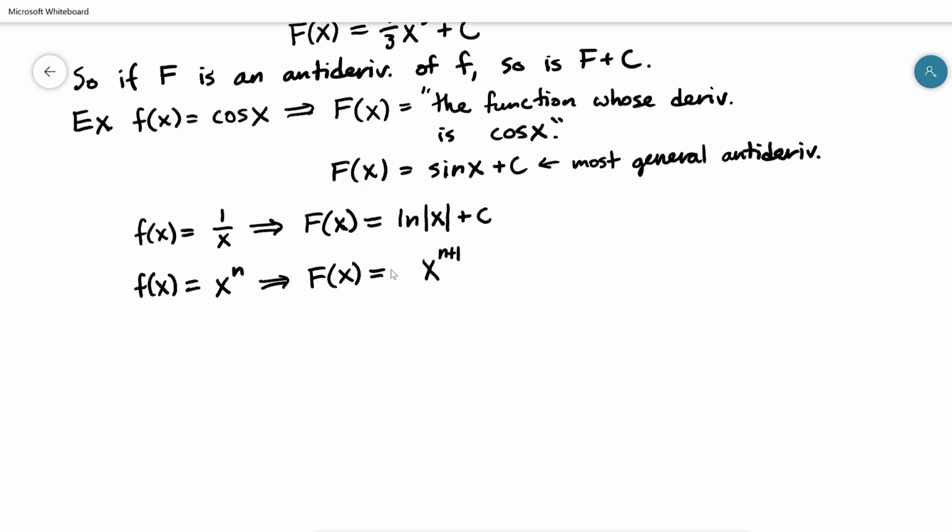But this n plus 1 will come and sit down in front of the function as the derivative, and I don't want that because there is no n plus 1 sitting over here. So to undo that n plus 1, I need to do a 1 over that n plus 1. So I can think of this as 1 over n plus 1, sitting right there. And again, to make it as general as possible, I have to add my plus c. So this is essentially power rule right here for antiderivatives. This is going to be an important one to remember.